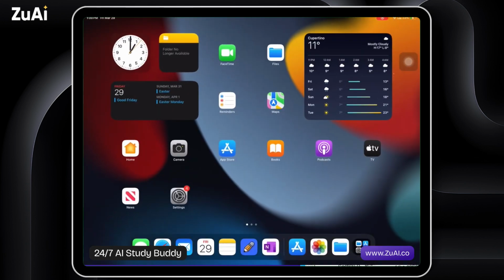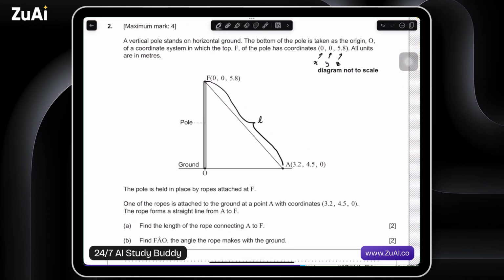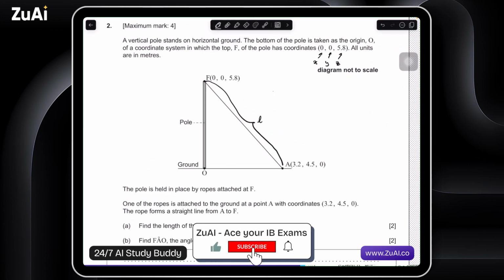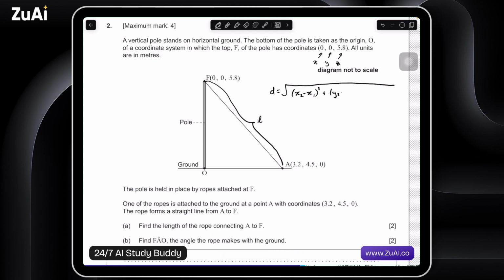So here is our distance formula. I'll write it in. Distance is equal to the square root of, we have x2 minus x1 squared plus y2 minus y1 squared plus z2 minus z1. Not a bad idea to actually label these coordinates.